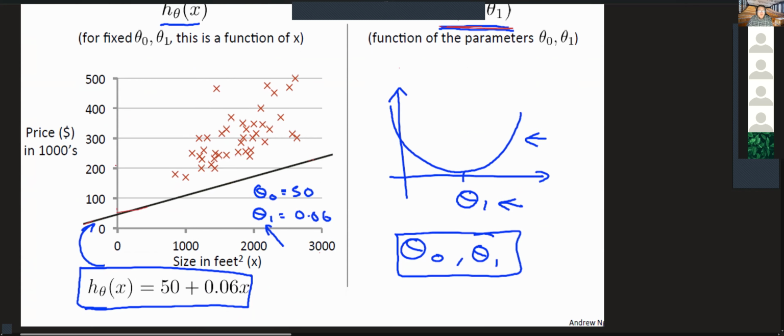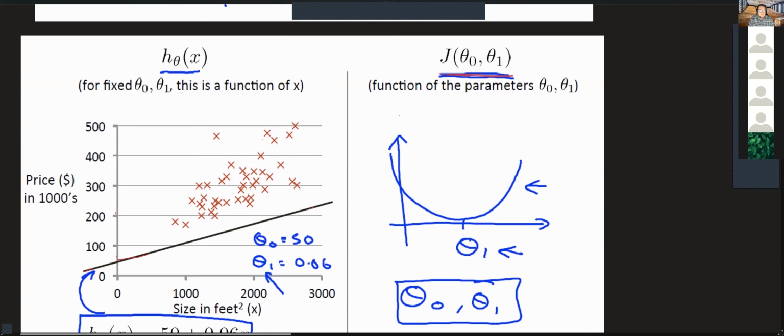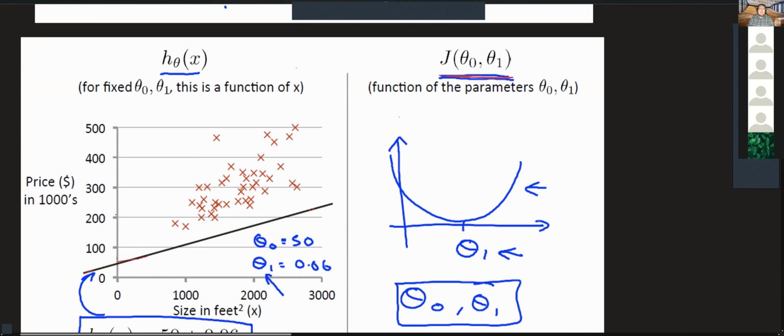Okay, so once again, let's have a look at what this actually means. As you know, I love this visualization where we have our hypothesis on the left-hand side and the cost function on the right-hand side. And why I do this is because I want to stress the similarities and differences, right? So this, of course, is a function of x for fixed values of a parameter.